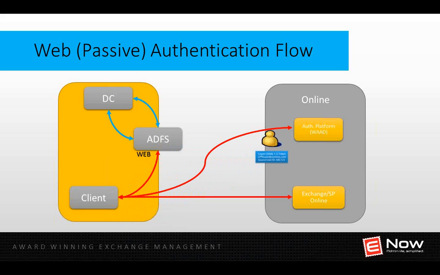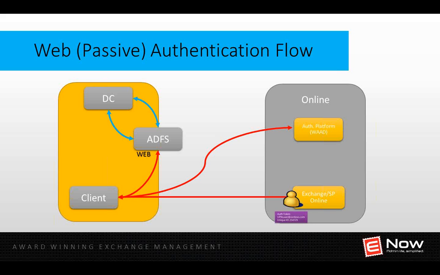It goes to the ADFS server, and the ADFS server, in its turn, will then get to the domain controller, and then the domain controller will authenticate that user by taking a look at the username and password, and it will then send back information to the ADFS server. So once the DC has authenticated, then it goes to the ADFS server.